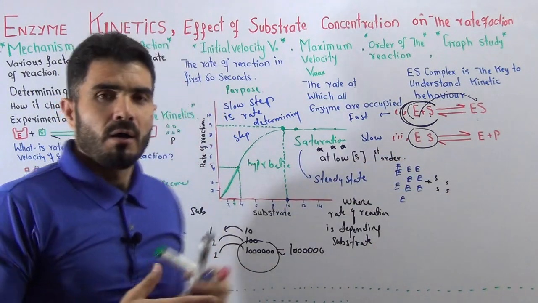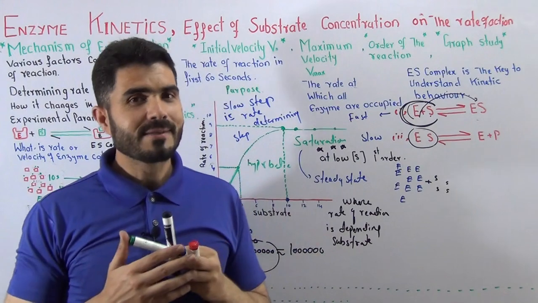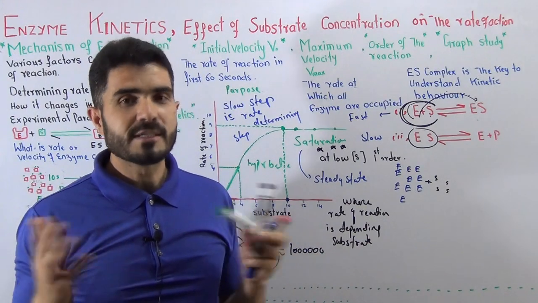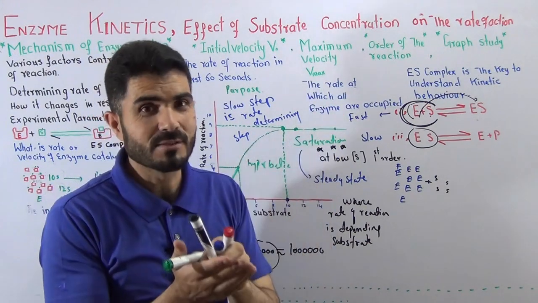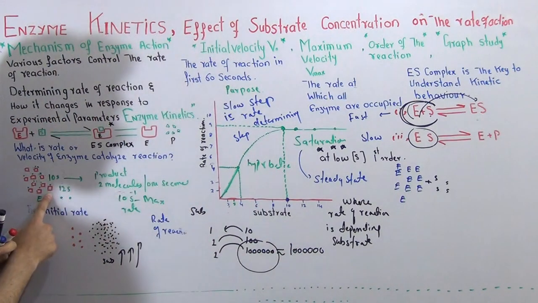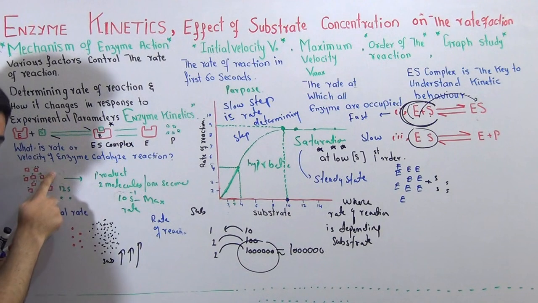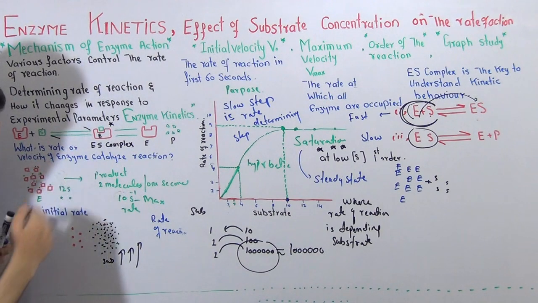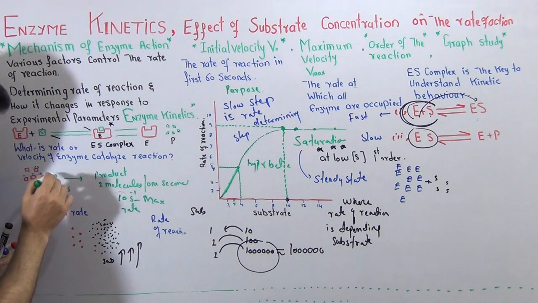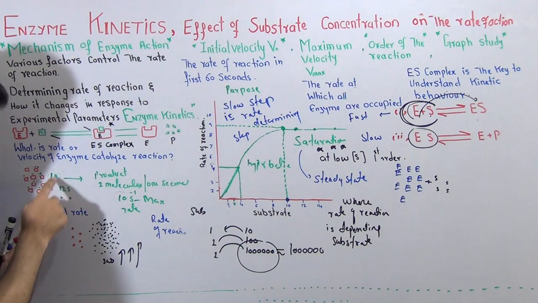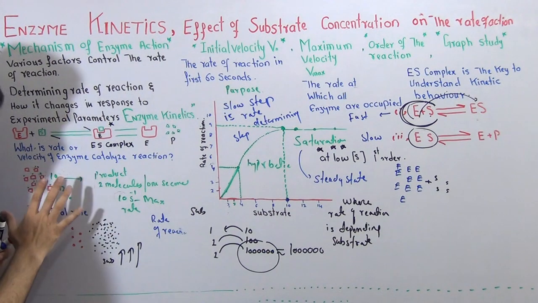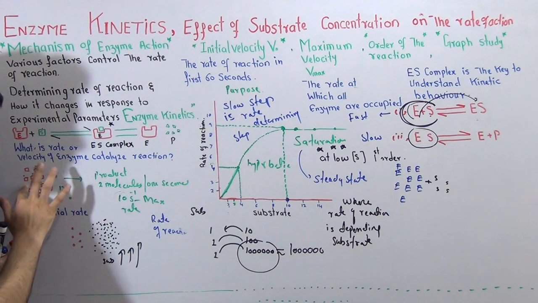Okay, for what time will you do like this? For which time you will increase substrate? You know there is a limitation. Do you remember this? You can increase the substrate from 2 to 4 to 6 to 8 to 9 to 10. There will be a time when you increase the substrate from 2 to 10, that all the substrate will bind to all the enzyme.